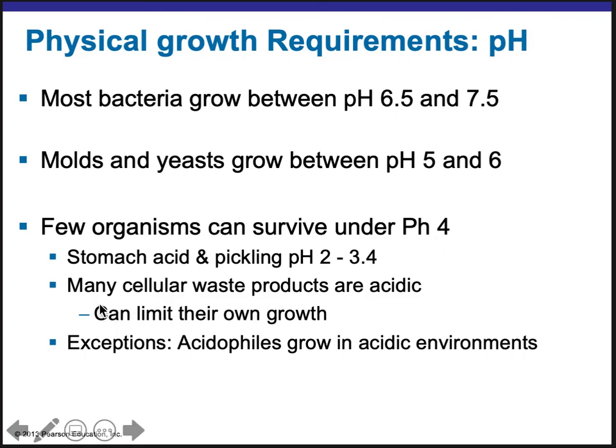Now, something else I want to remind you of is that there's a lot of cellular waste from metabolism that is producing acidic products, right? Remember last chapter we talked about, for instance, carbohydrate fermentation leading to lactic acid or alcohol or other types of byproducts.